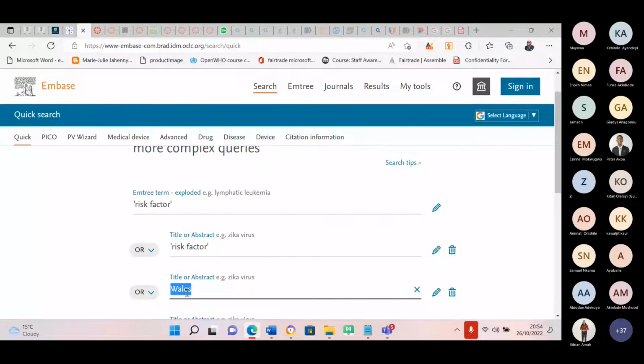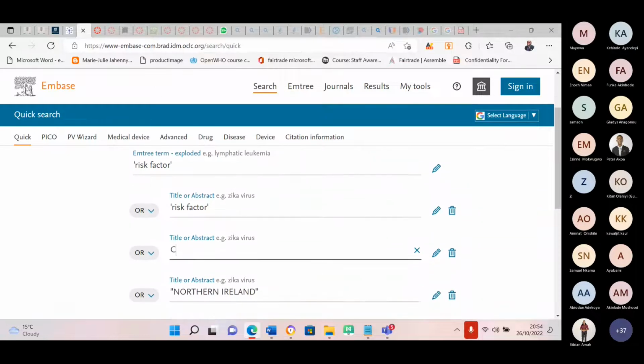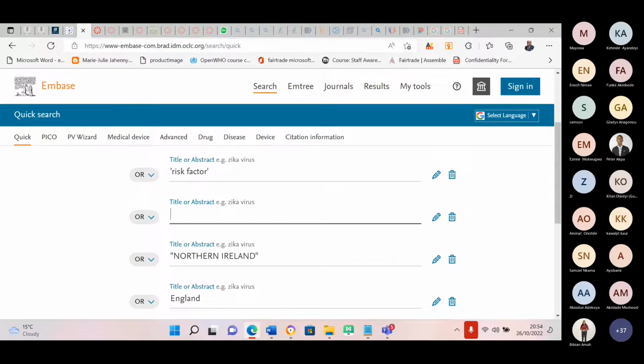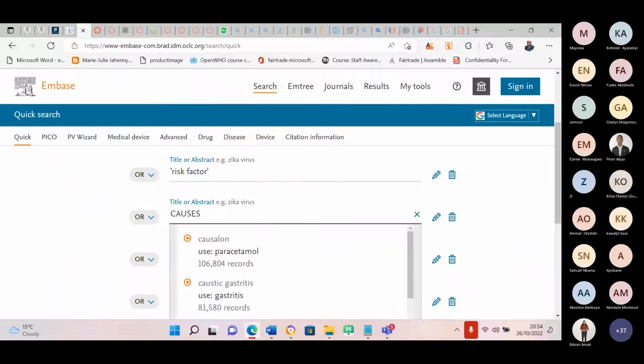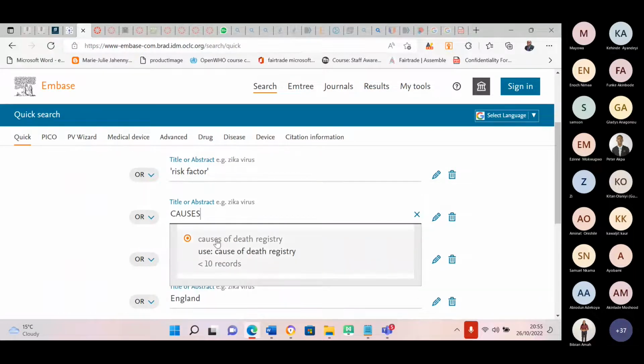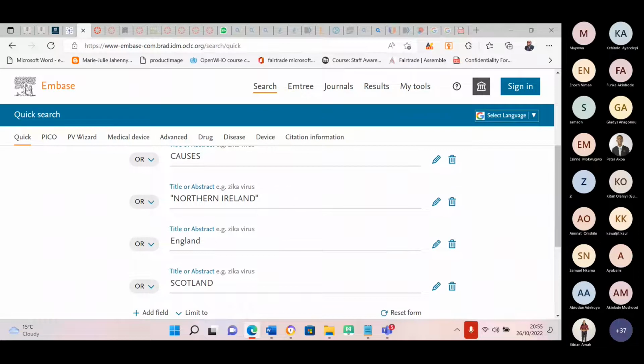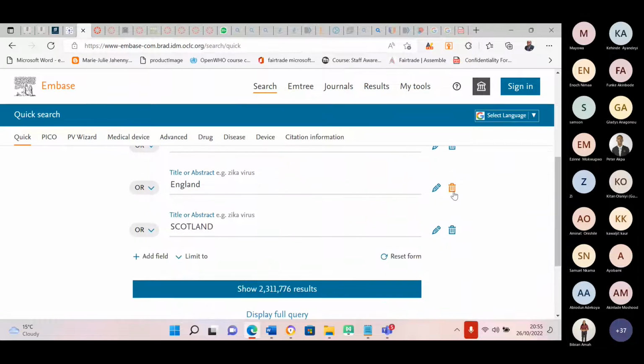What are other words for this factor? Source of this, let's say causes. Okay, causes. All right. So I think that's enough for my search.